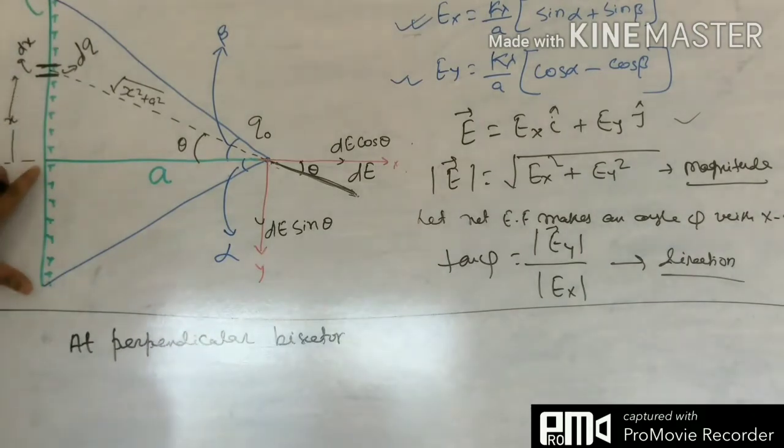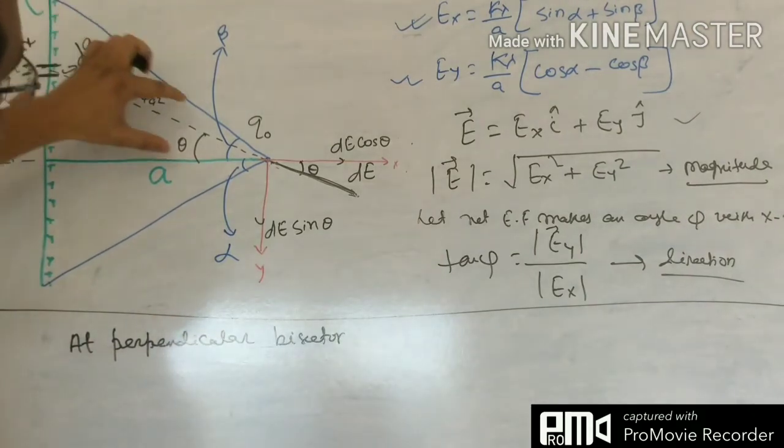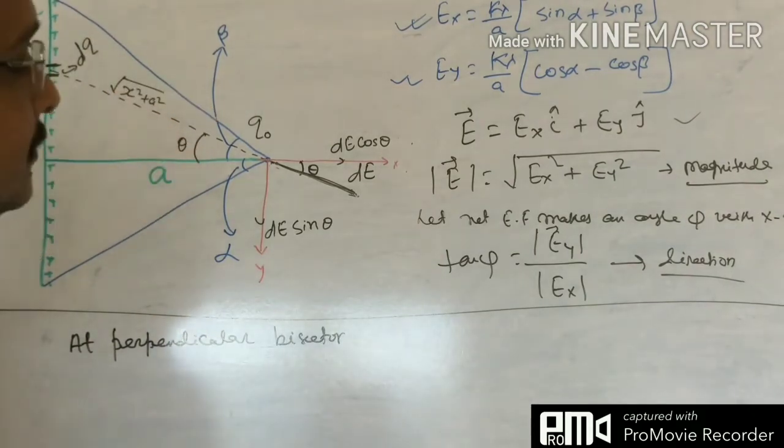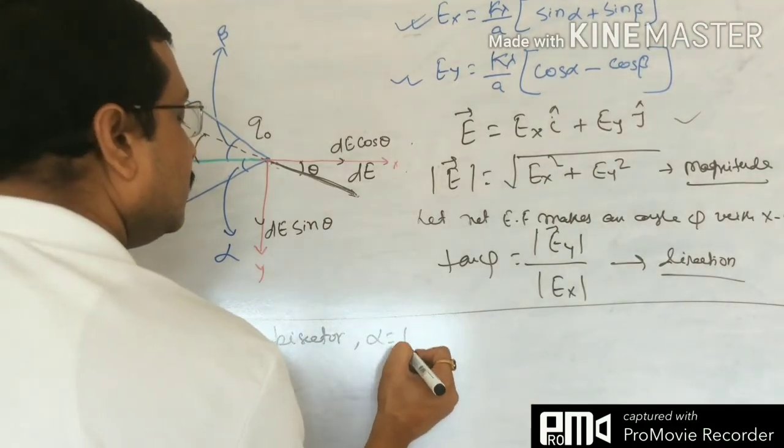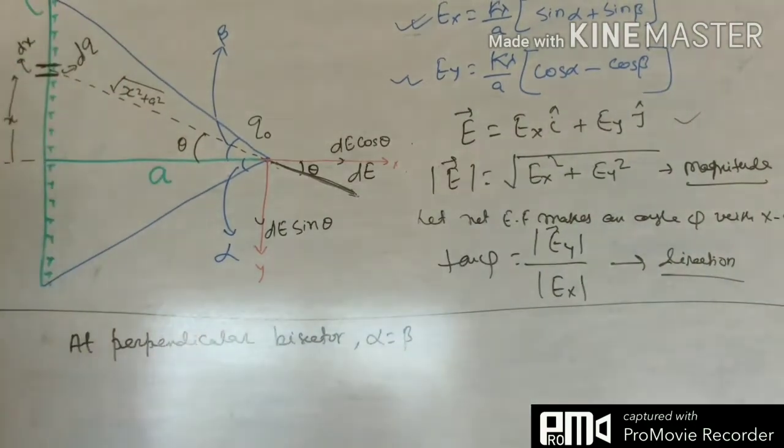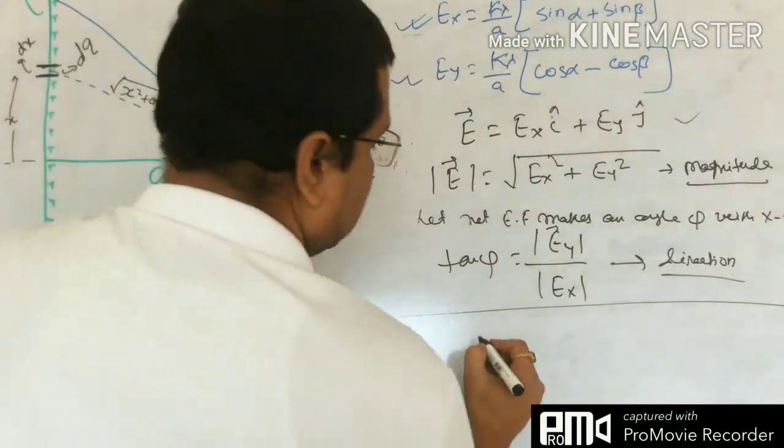This distance is equal to this distance, so this angle equals this angle, which means alpha equals beta. Put the value here.